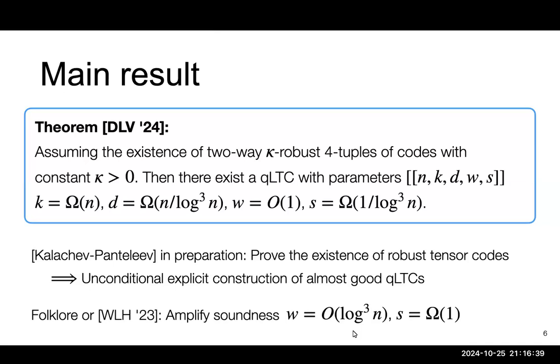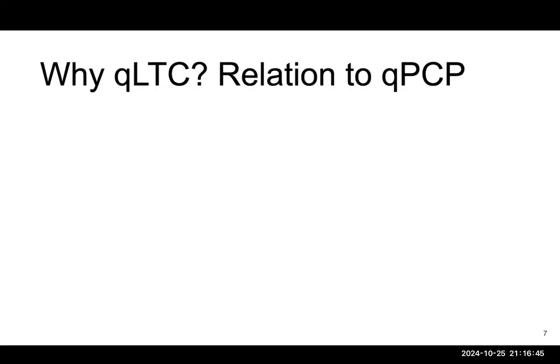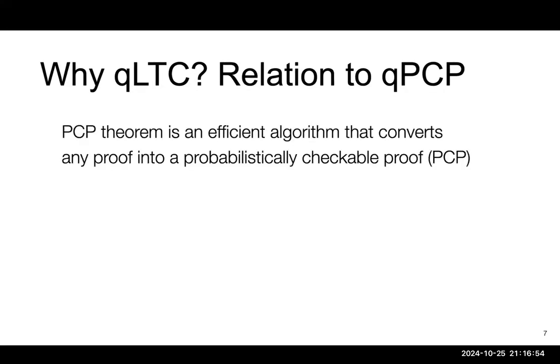Okay, that's pretty cool. But you might wonder, why should we care about quantum locally testable codes? The reason is that they have a very close connection to another important open question known as quantum PCP. For simplicity, let me first talk about the classical version. The PCP theorem says that there is an efficient algorithm that converts any proof into a probabilistically checkable proof. What do I mean by probabilistically checkable proof?